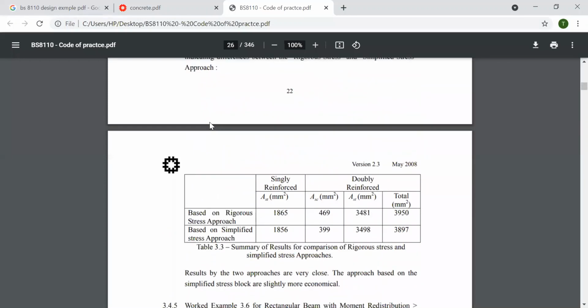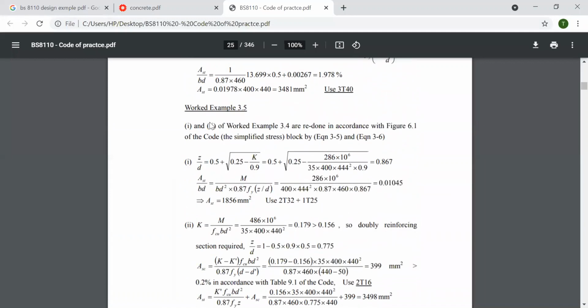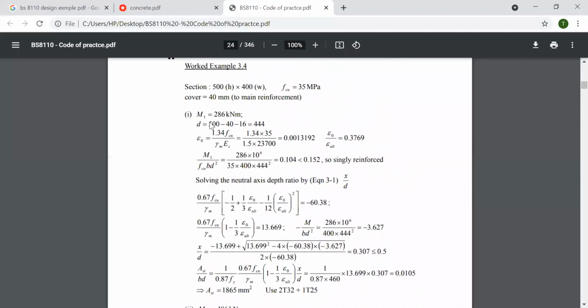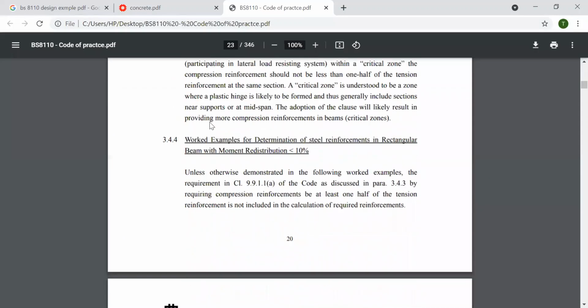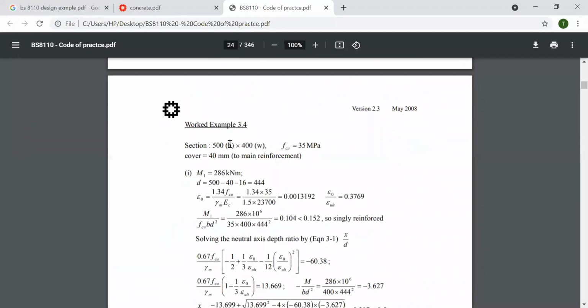This is an example where the bending moments come in, and the section is 500 by 400, Fcu is 35, the cover is 40 millimeters, moment is 246.